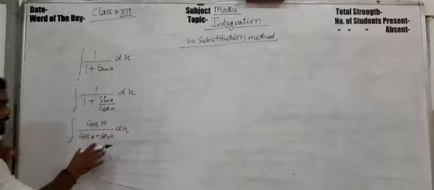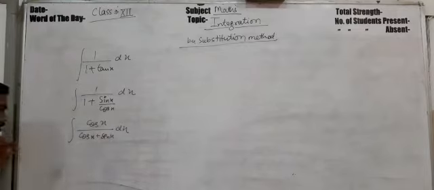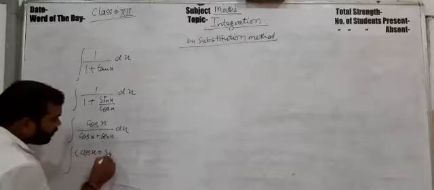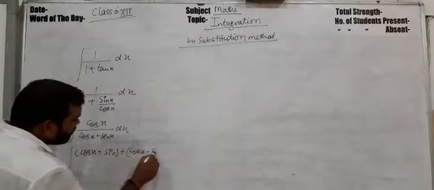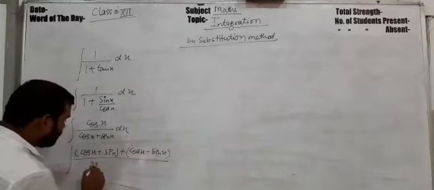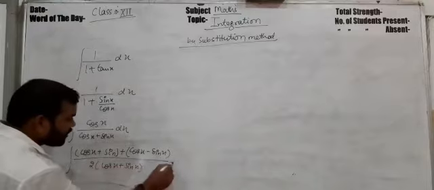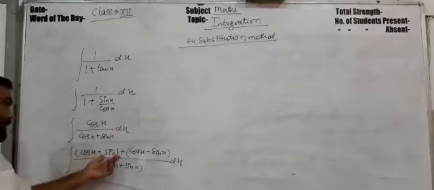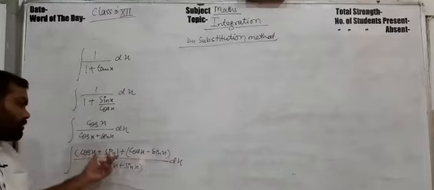Now again we cannot integrate this directly, so we write the numerator as cos x plus sin x plus cos x minus sin x upon 2 times of cos x plus sin x. What we have done is, once I have added sin x and once subtracted it from cos x.